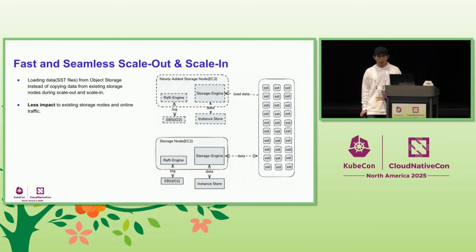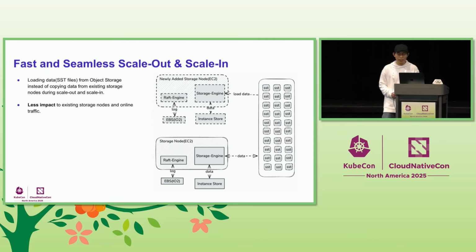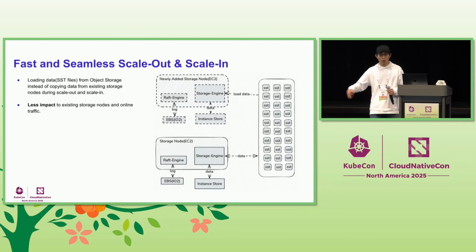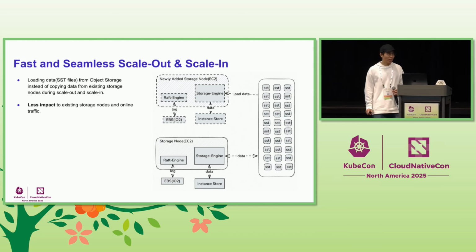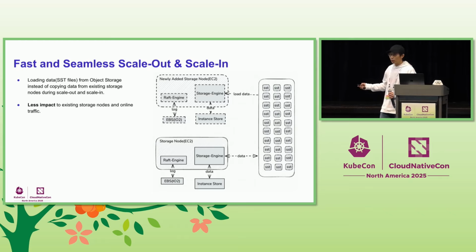And the second benefit, or the challenge we just mentioned, is how we can make our system more elastic. The key for our TiKV layer, because it's a stateful storage layer, is that we need to make it scale out and scale in fast and seamlessly. After introducing the remote object storage as our backend, we can quickly pull up a new TiKV node and just pull the data from the remote object storage to the newly added node. Then we definitely need to build some raft connections to catch up with the latest modifications from other TiKV nodes.